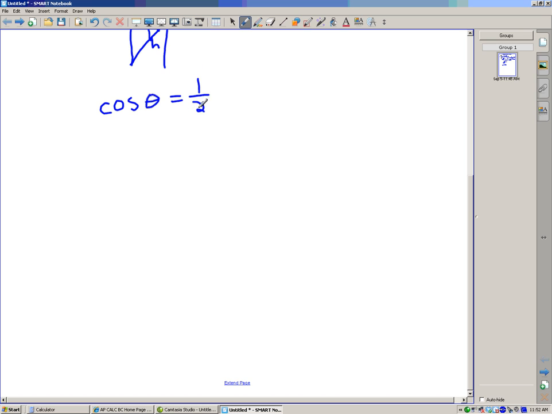Remember, the cosine is the ratio of adjacent over hypotenuse. Now, we did this with exact values. We probably could figure this out, but this is some button pushing is what I want you to get used to. What I want you to see here is we'll get the angle theta. And what we want to do is cosine inverse, where we use that inverse button, of 1/2.